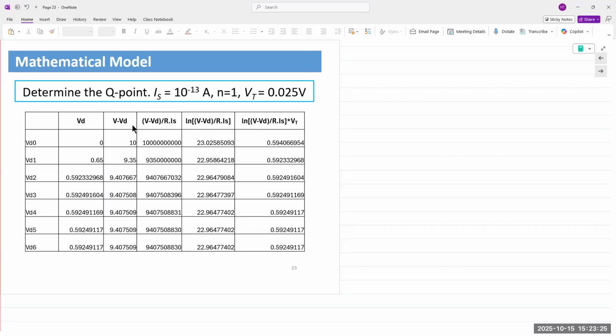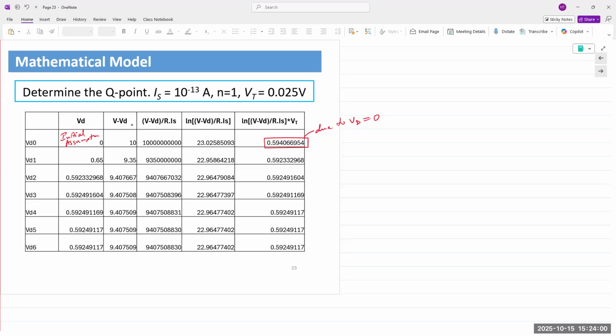This is my initial assumption, and I obtained 0.594 as a result. So I chose VD as 0 and solved that equation, meaning I plugged 0 into the equation to see if I get VD equal to 0. It didn't turn out to be the case. I got 0.59.